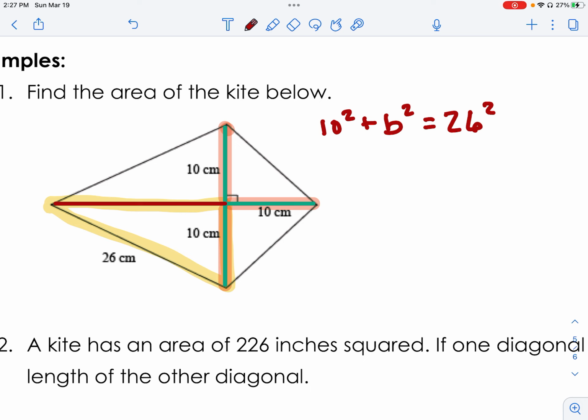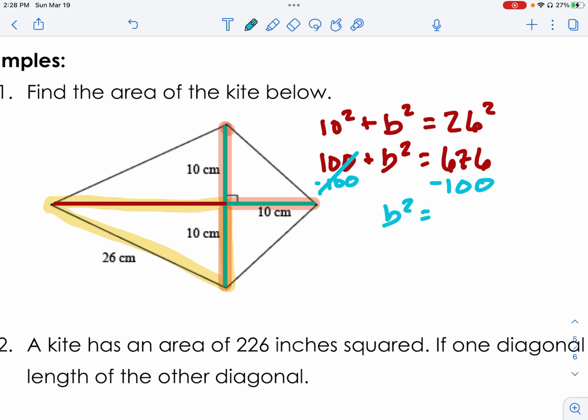So when I plug this in, we get 10 squared is 100 plus b squared equals 26 squared, which is 676. Move my 100 over. B squared equals 576. Undo your square by square rooting, and b equals 24.